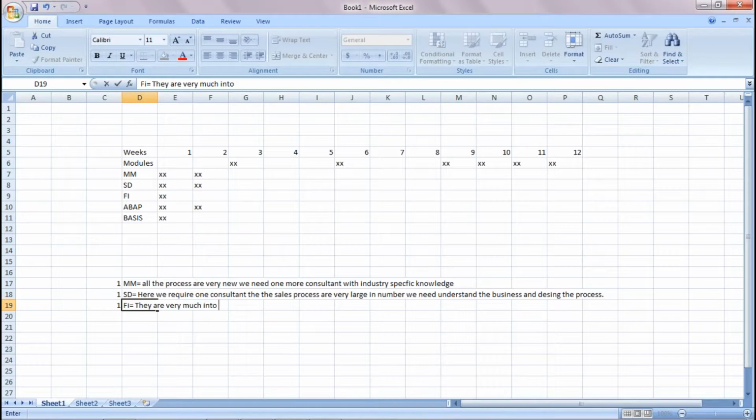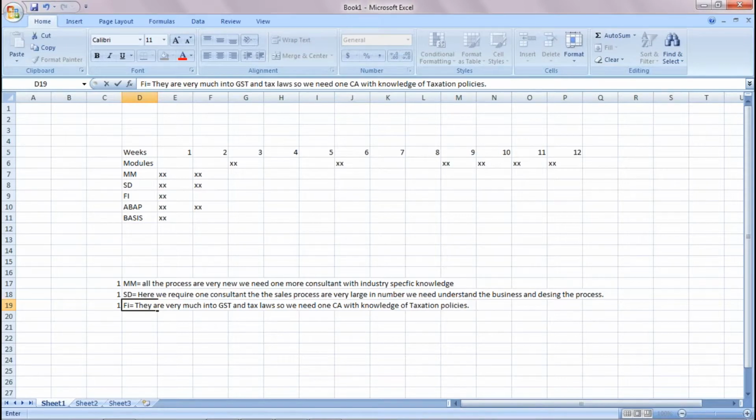Into yes, and that blocks. So we need one with knowledge of taxation policy.